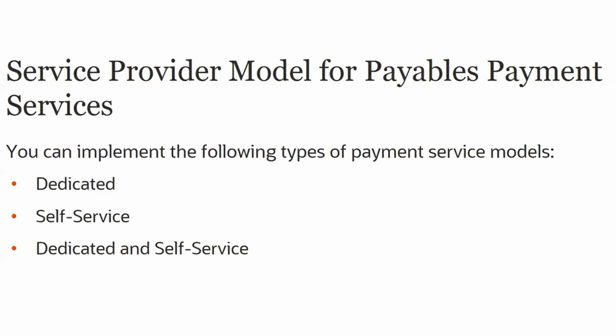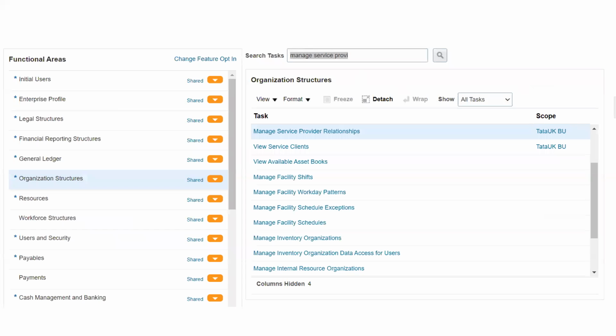Self-service means the procurement task is performed by BU1, and the payment task is performed by another unit, right? That is the self-service. And we can also define a combination of dedicated and self-service, so that is also possible. Let's understand with the next slide these three types that we can configure.